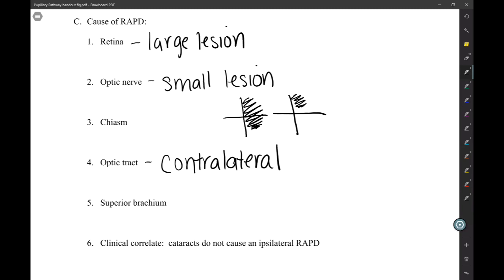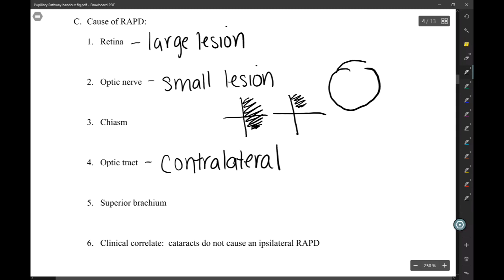The reason that you get a contralateral relative afferent pupillary defect with a complete optic tract lesion is because the visual field is larger on the temporal side.